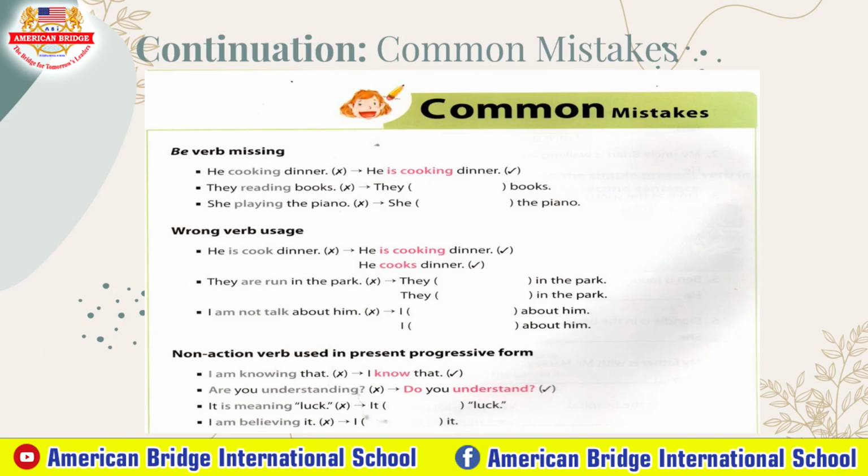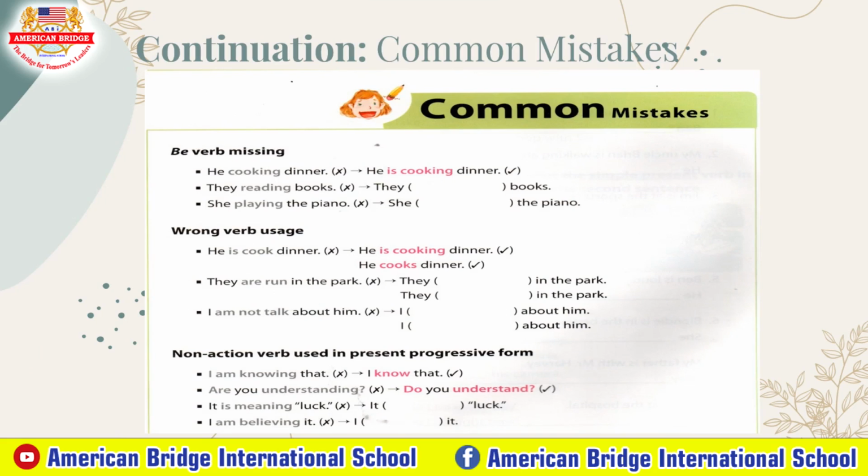Common mistakes. As you remember, everyone, I asked you to finish this part of our lesson. Now, what you are going to do is fill in the missing word to make the correct form of the sentence. So we have 3 common mistakes for present progressive form.